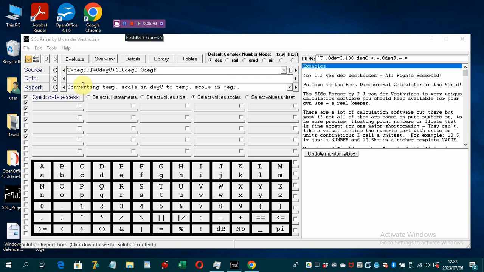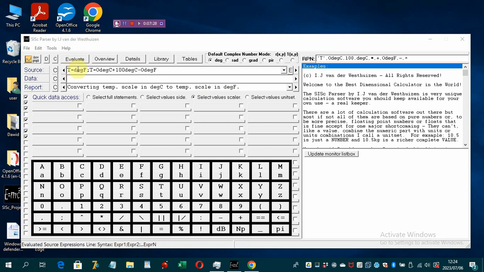Here we're converting the temperature scale in degrees Celsius to the temperature scale in degrees Fahrenheit. Remember the scale in degrees Fahrenheit. So we have our scale in degrees Celsius, that is 0 degrees C plus 100 degrees Celsius, that is our relative temperature in degrees Celsius, but then we deduct the 0 of degrees Fahrenheit to get the scale conversion in terms of the multiplication factor to degrees Fahrenheit.